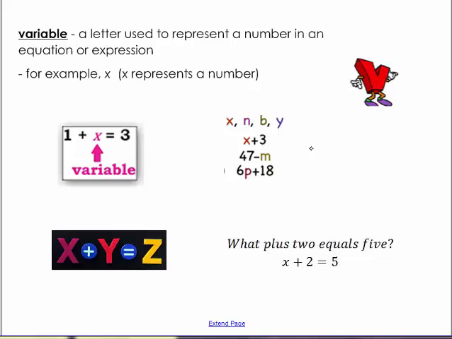We don't necessarily see the letter O being used to represent unknown numbers because O looks so much more like the numeral 0, so we tend to stay away from the letter O for a variable.